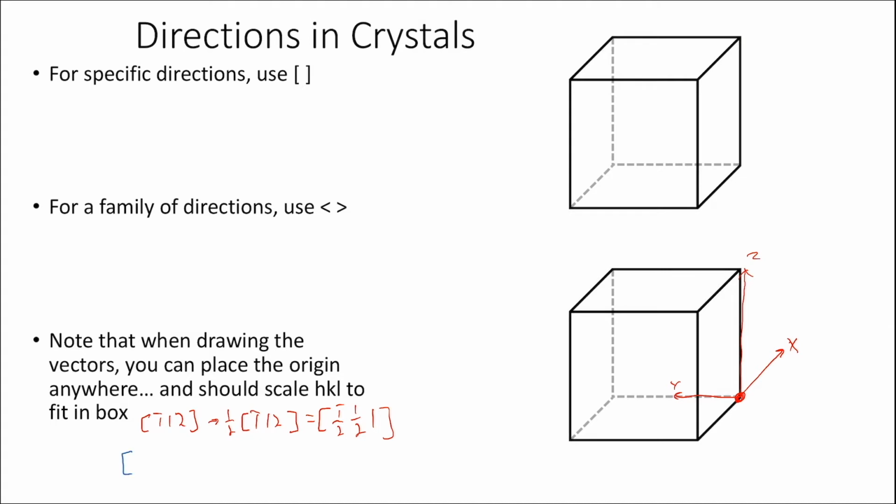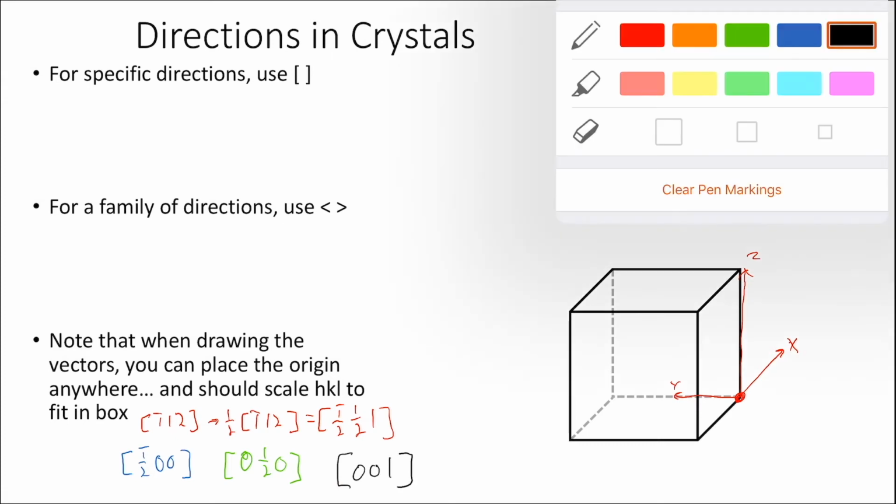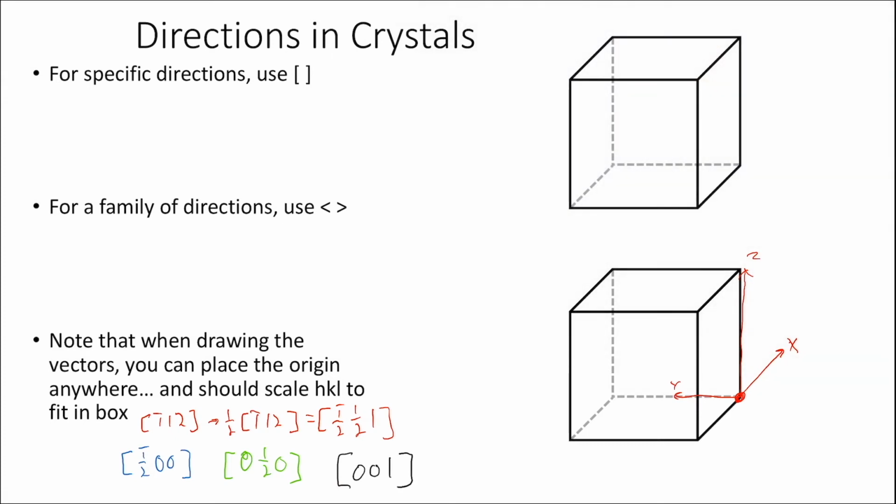This is going to be -1/2, 0, 0, plus 0, 1/2, 0, plus 0, 0, 1. We're just going to add all those up together, and then that will give us the final vector.